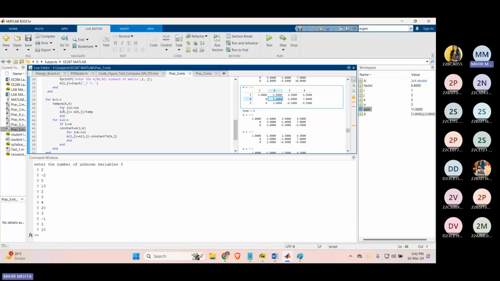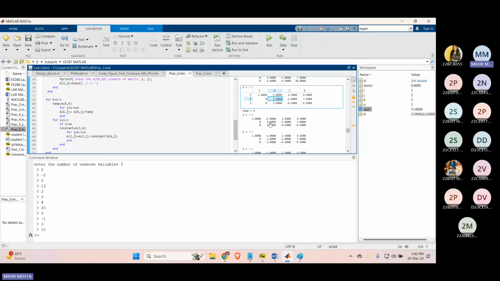Next, for j equal to 1 to n plus 1, I am calculating with k as 2 and j still 1, so at a2,1, 0 divided by my temp will again be 0 itself. Fine. Then I am dividing this 5 by 5, that would be 1.